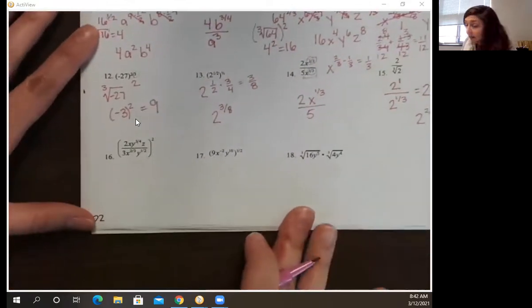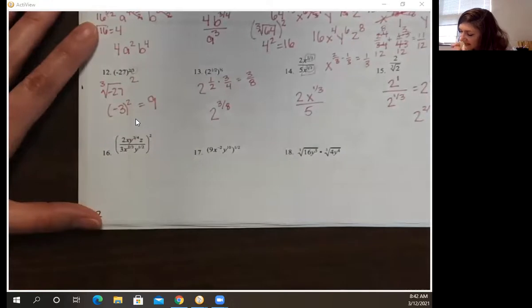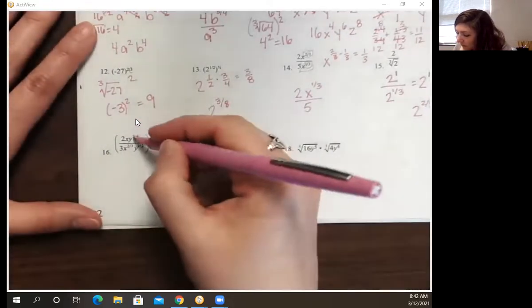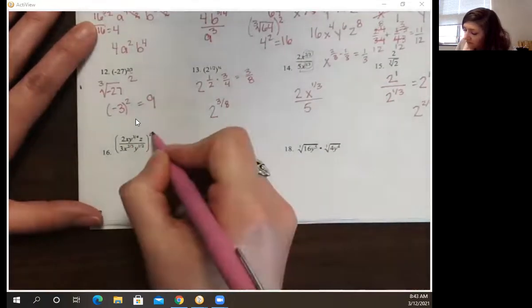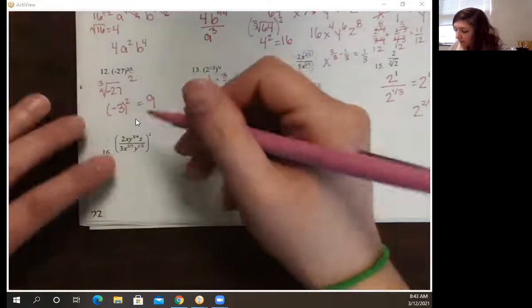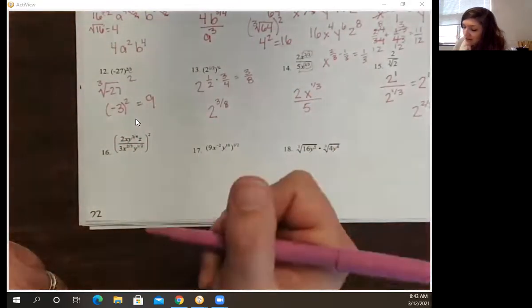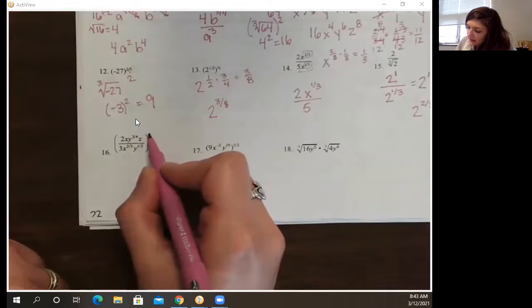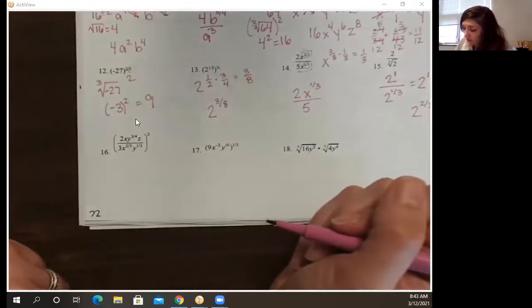Number 16, I've got a bunch of stuff inside parentheses here with a square on the outside. You could reduce what you have right now, or we could distribute that exponent through first. Because I don't have common denominators for my exponents right now, I'm going to choose to distribute the exponent through first, but you could also simplify first if you wanted to.